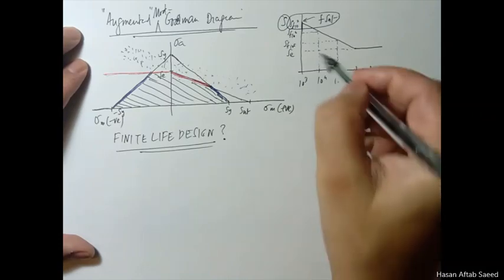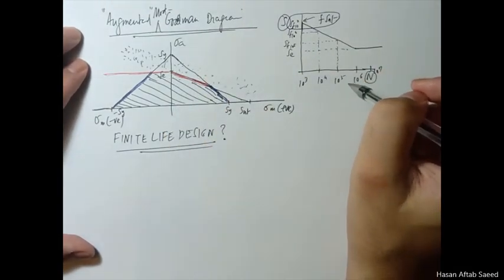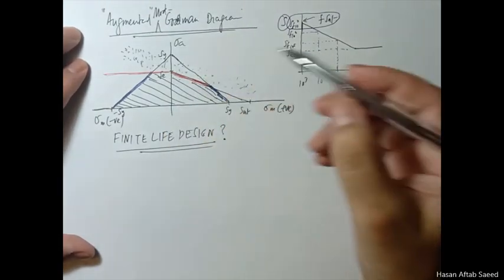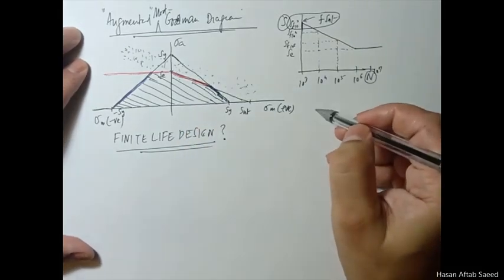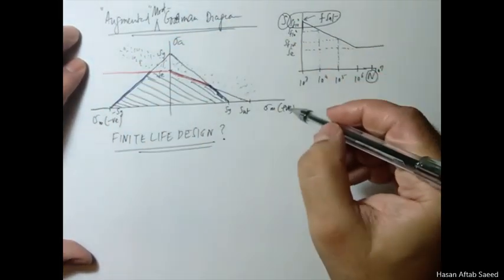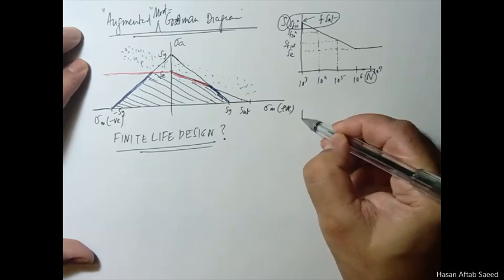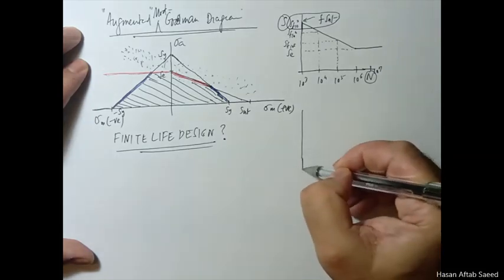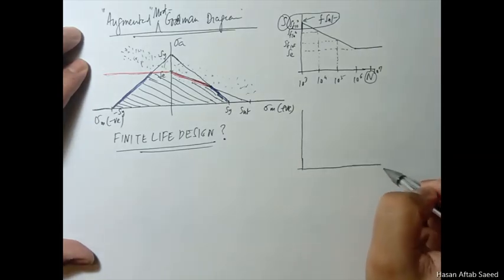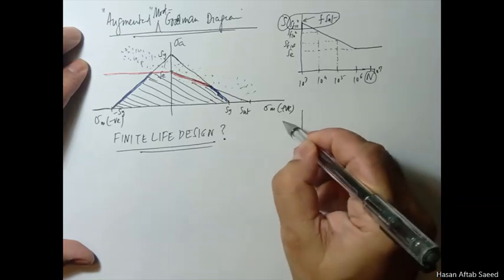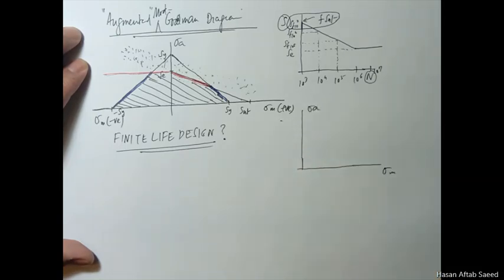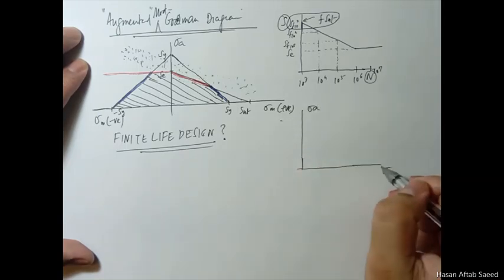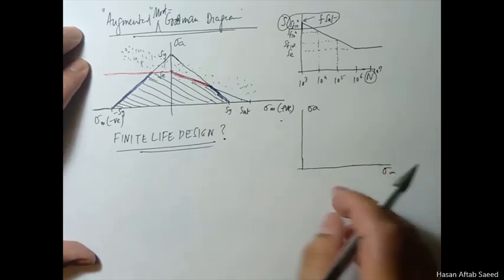So how did we make this diagram from this figure? If you recall, we just did it. This is the augmented diagram, but if you just talk about the sigma m sigma a diagram, this is sigma m, this is sigma a. So how do you draw it? Very simple.